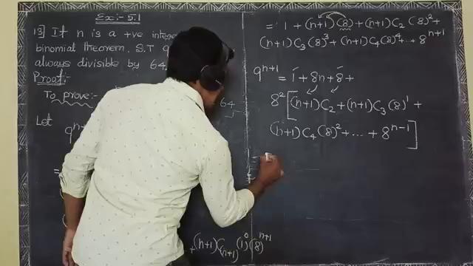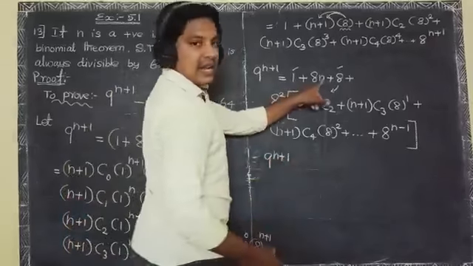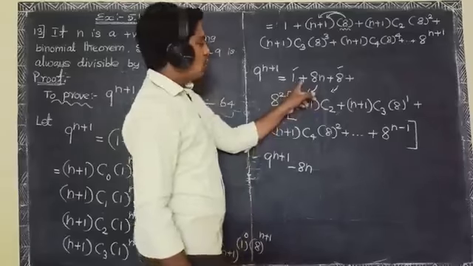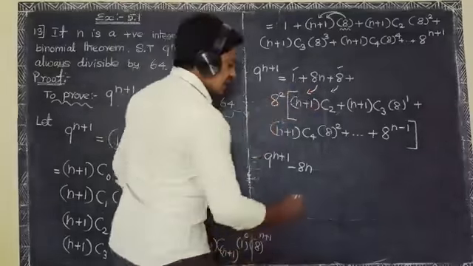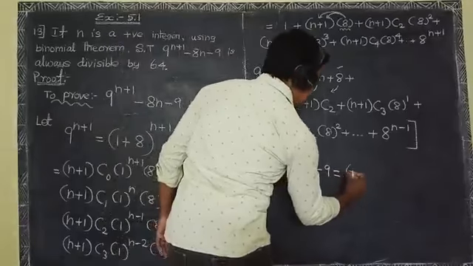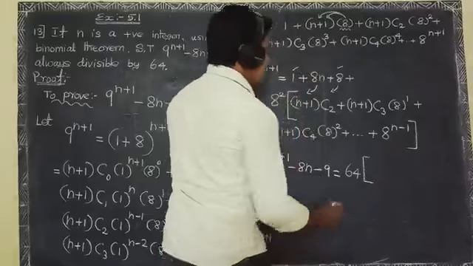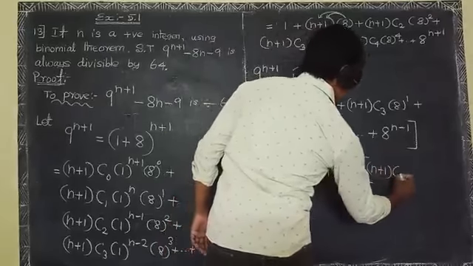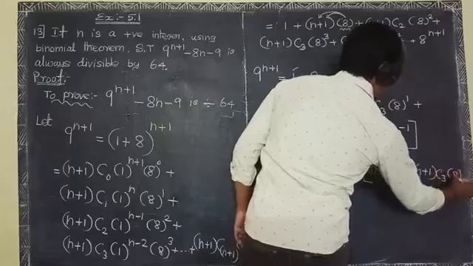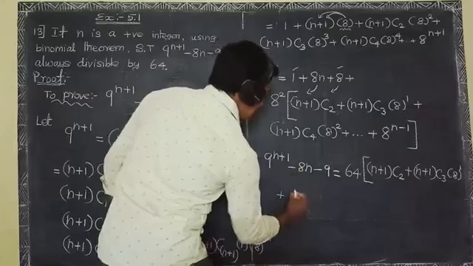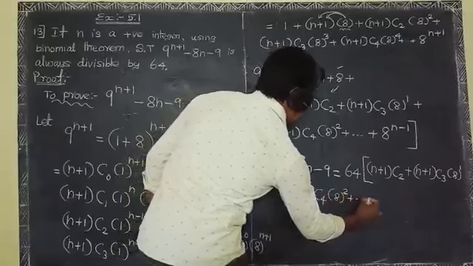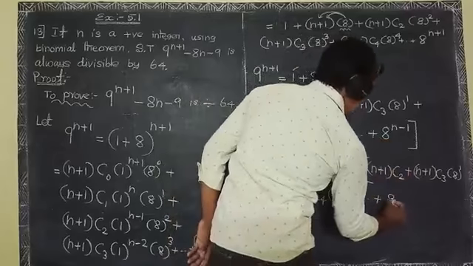Then the result is 9 power n plus 1 minus 8n minus 9, which is equal to 8 squared, that is 64, times the remaining terms: n plus 1 c2, plus n plus 1 c3 into 8 power 1, plus n plus 1 c4 8 power 2, and so on, plus the last term 8 power n minus 1.